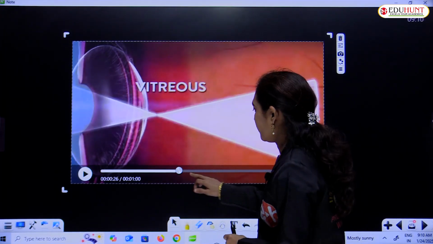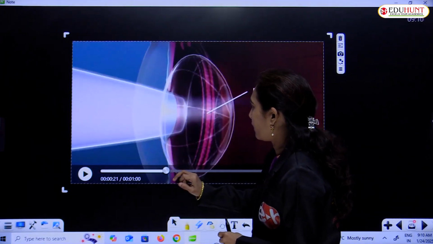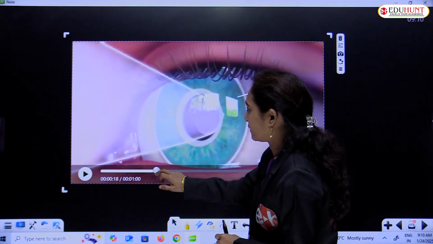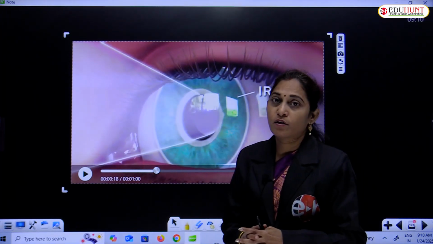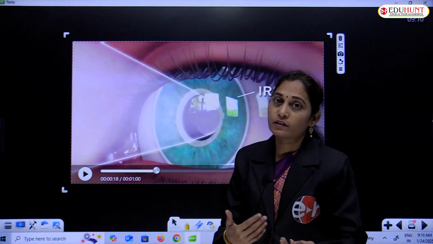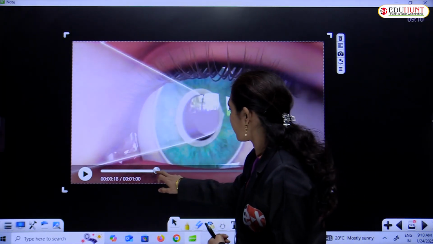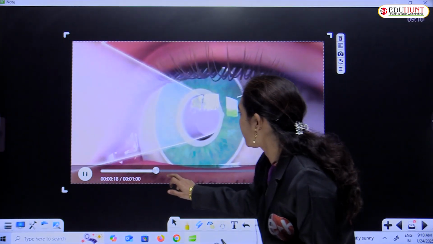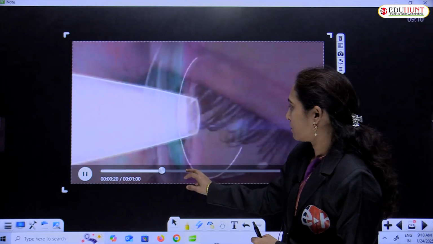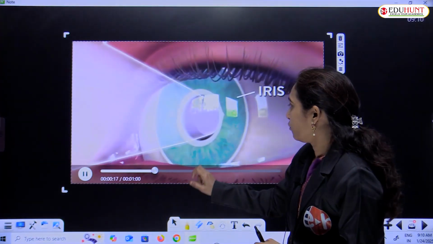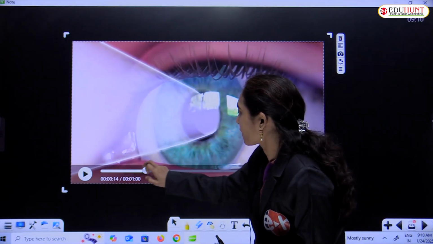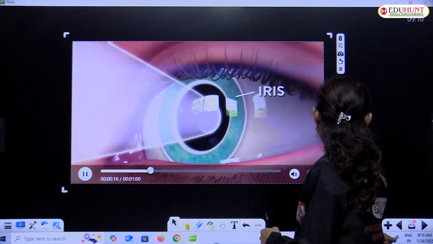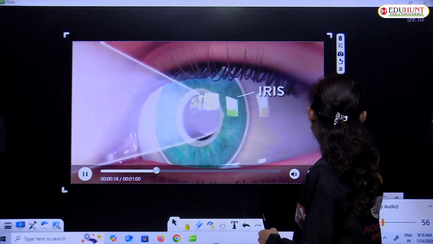Just now you have seen the adjustment of the pupil depending on the light that falls on the iris. You just watch this. Notice, you may notice that the colored, ring-shaped membrane behind the cornea of the eye may dilate.